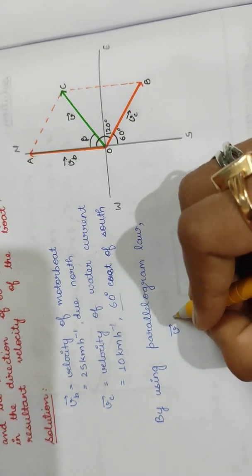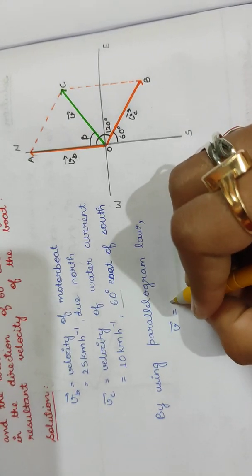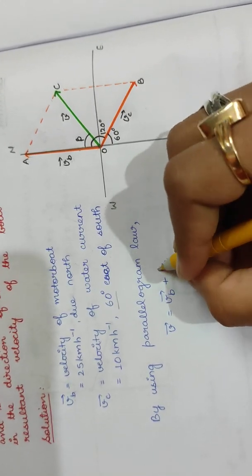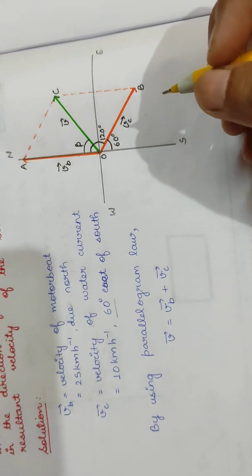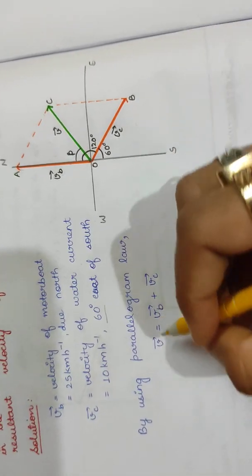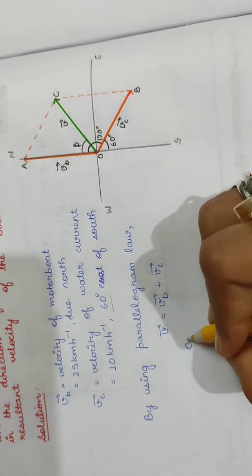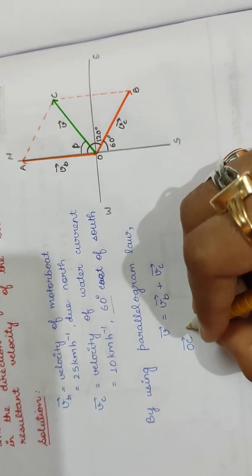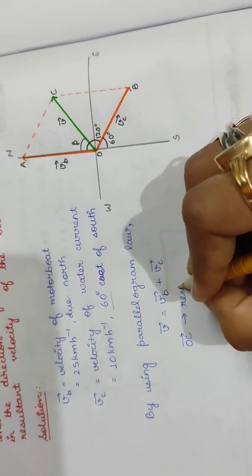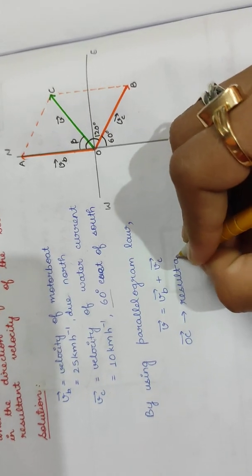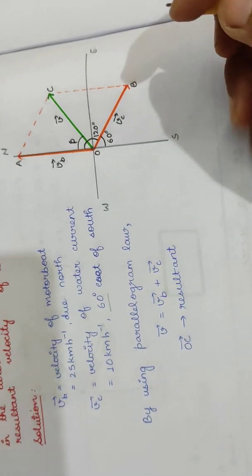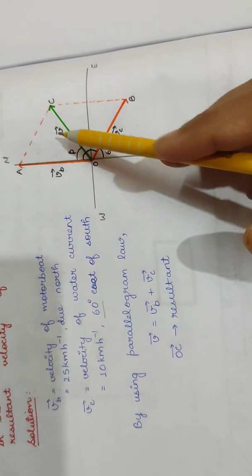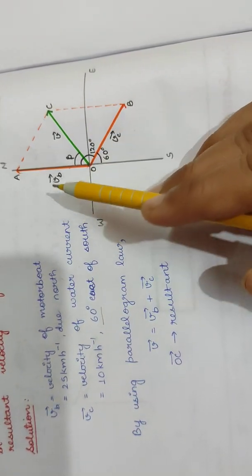Vector V is equal to vector VB plus vector VC, and this vector V is represented by vector OC in the given figure. So this vector OC represents the resultant of vector VB plus vector VC. This OC is the diagonal of this parallelogram OBCA.